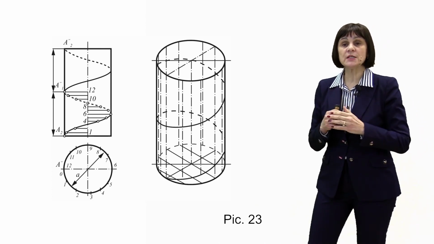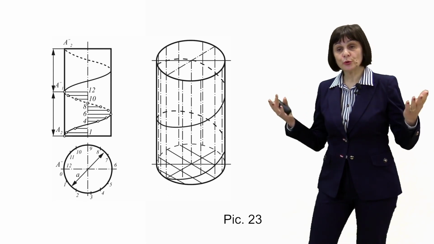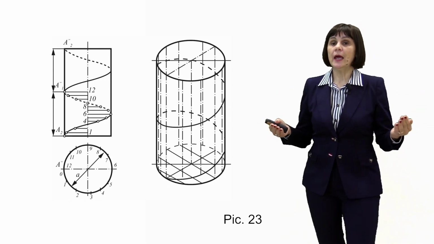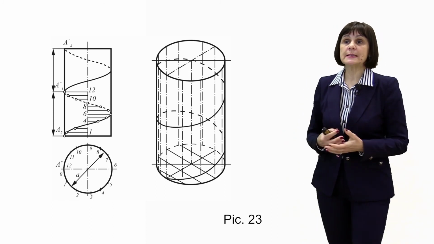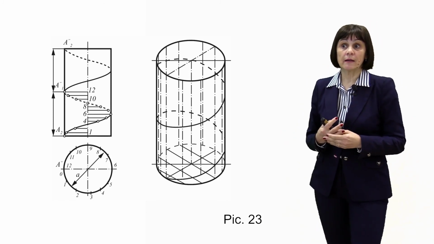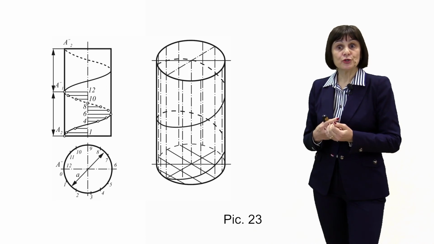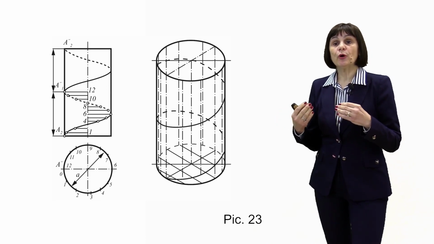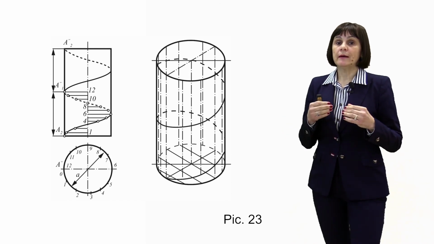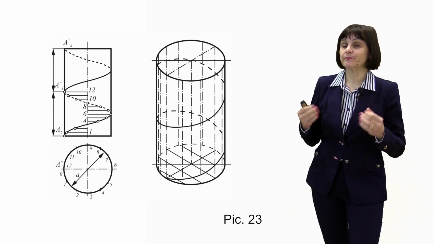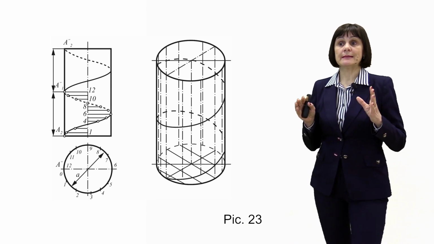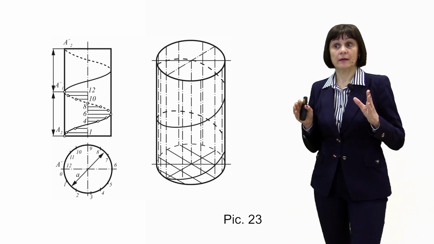About these lines, we talked with you at the beginning of our lecture. And with the help of this cylindrical helical line, we can show the direction of motion in the thread. So the form of the thread will be a cylindrical helical line.